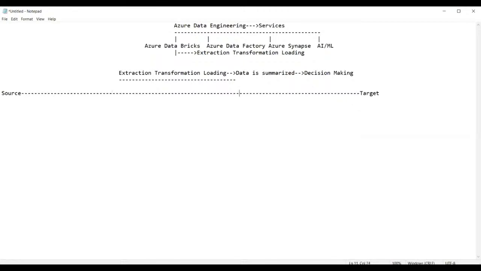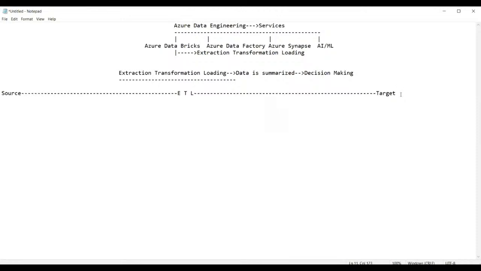Between the source and the target, this process of ETL is always applied, irrespective of whichever service we use. ETL is a process where the data is summarized. So what is the source, and what is the target? Let us try to understand this, guys.